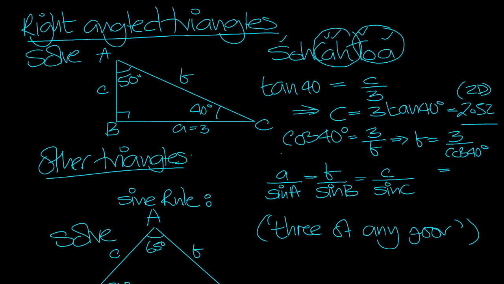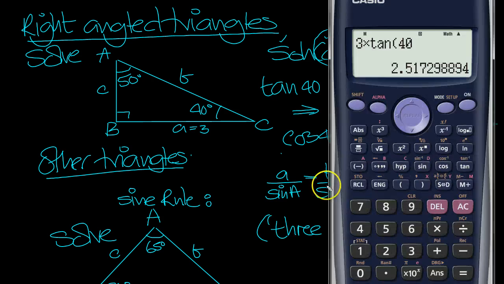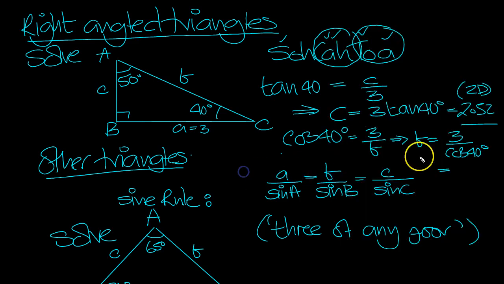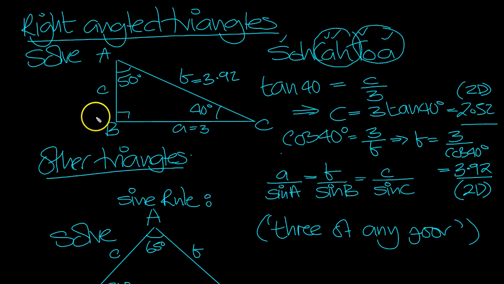So let's get B. 3 divided by cos 40. 3.92, and that's to 2 decimal places. So we've got B, 3.92. We've got A. We've got C, which is 2.52 rather. And that's everything, so we've solved the triangle.